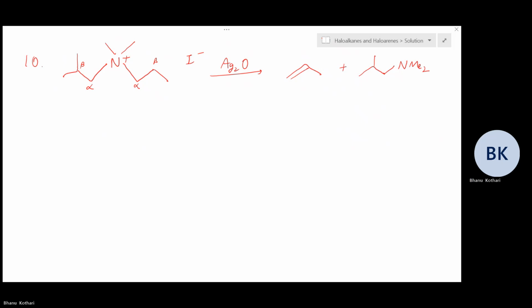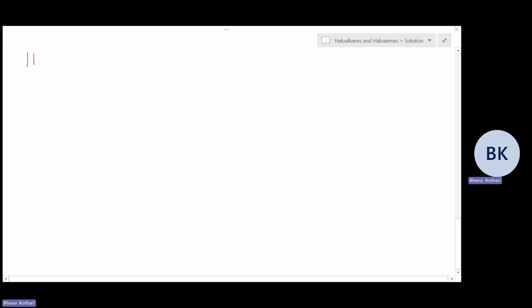Okay. Let's look at the next question, 11th. Major product of the reaction is, we know that in E2 elimination, the beta hydrogen should be present at the anti position of the leaving group. So it is dehydrochlorination that is going to take place.